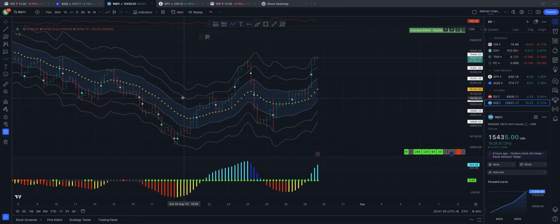Then we have these two outer bands, which are considered a little more extended. Usually these are where you'll want to do profit taking. You're not necessarily going to want to get into trades out in this area, unless you're looking for a move back to the mean. I call this 1 ATR area a buy zone.